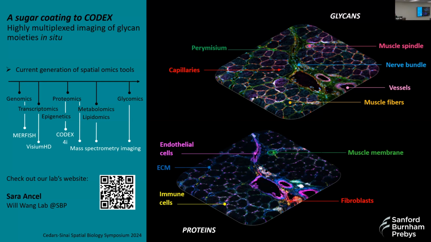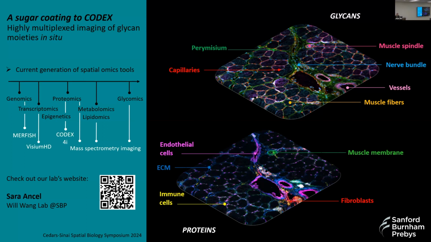It also allows us to highlight specific structures that cannot necessarily be visualized using only antibody-based approaches. Because glycosylation is a non-template driven modification, we can apply the method to different tissues and, more importantly, multiple species.